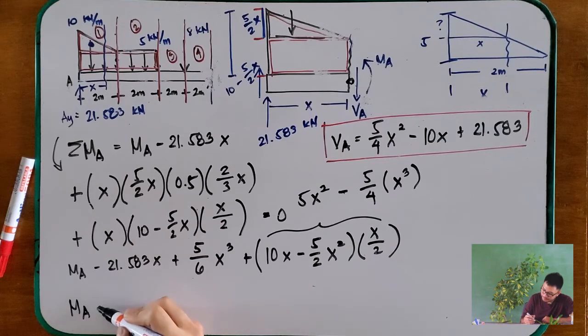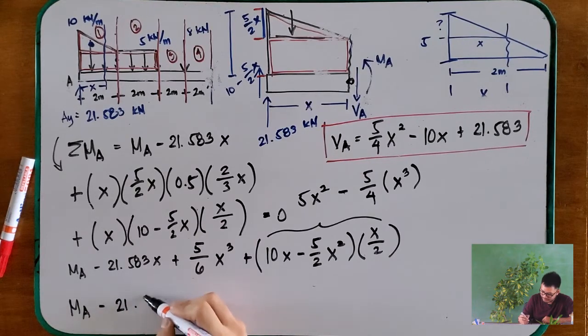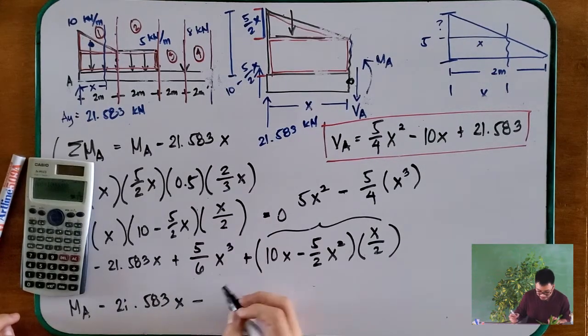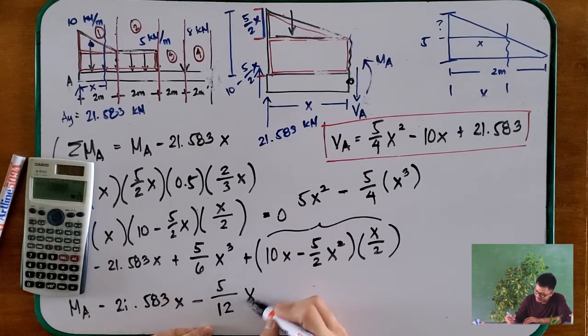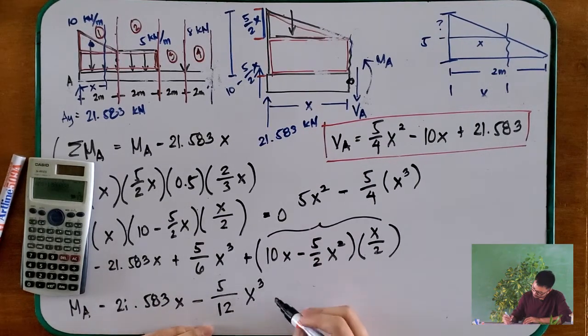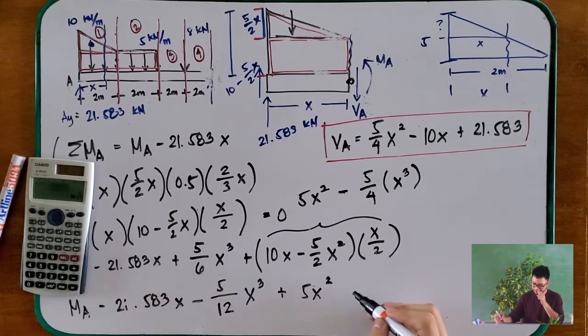Let's proceed. So therefore, simplifying it further again, MA minus 21.583X negative 5 over 12 x cubed plus 5x squared equals to 0. Whew.